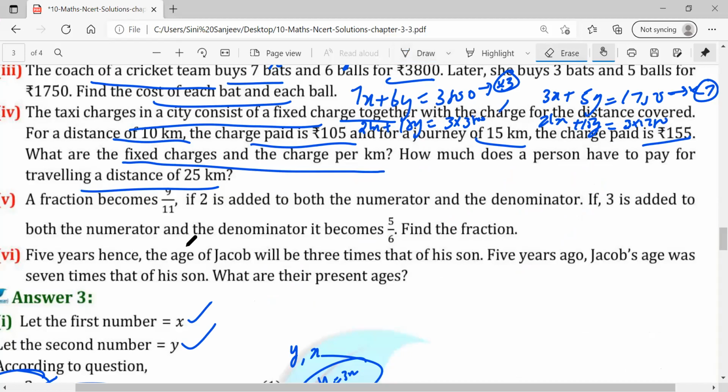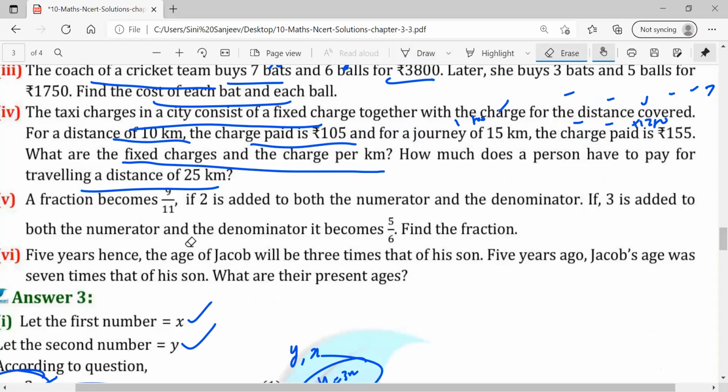So I'm just erasing these things so that it will be very clear for you guys. So I'll try to do it here itself. The taxi charges in a city consist of a fixed charge together with the charge for distance covered.